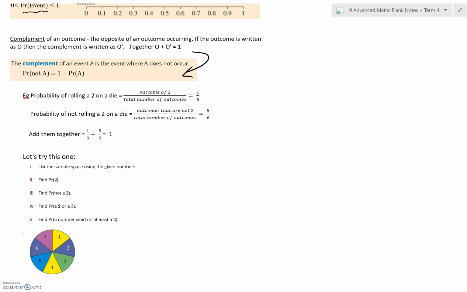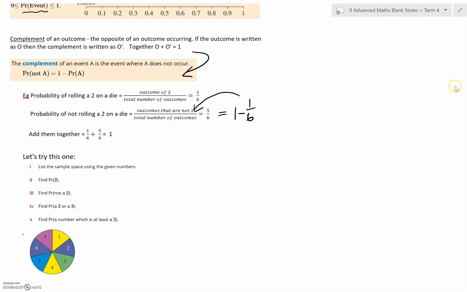So there's 1 two on a die and 6 possible outcomes, 1 over 6. The probability of not rolling a 2 on a die is all of the outcomes that are not 2 over that, or even better, you would write 1 minus 1 over 6 as working that you would put there. So together, they obviously equal 1.